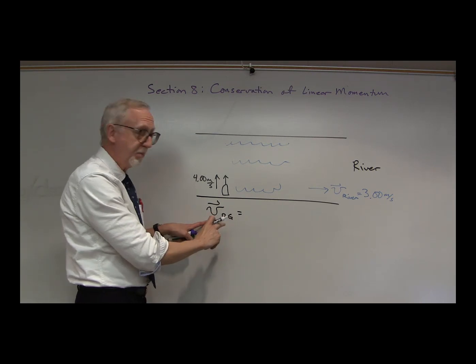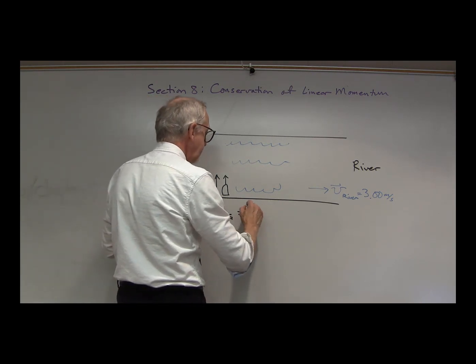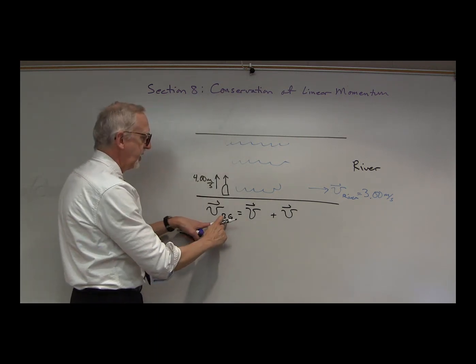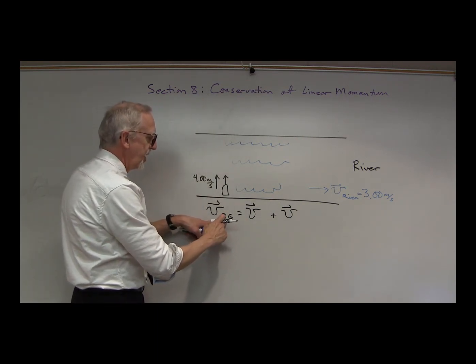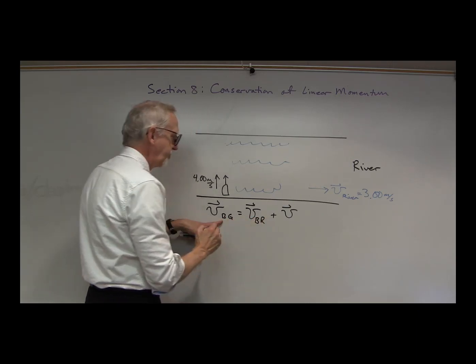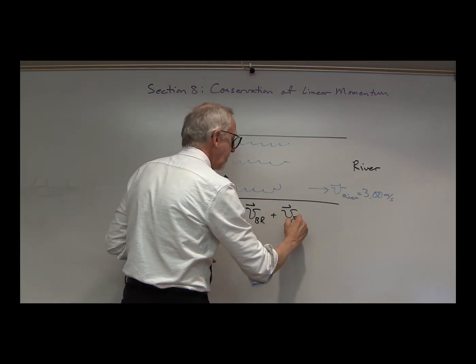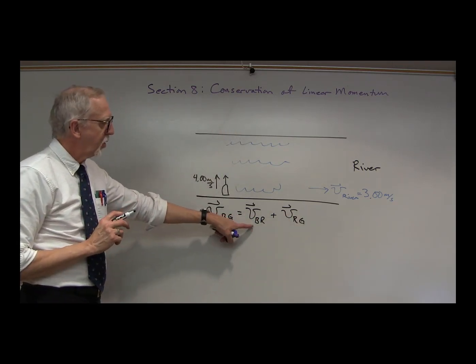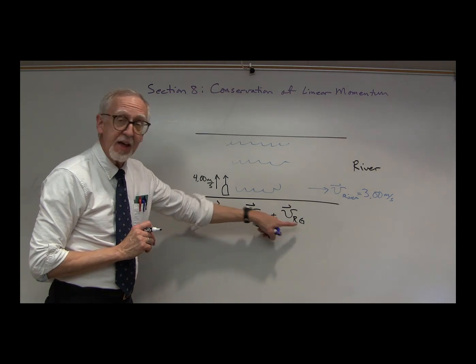Well, from what we've seen before, we can say that this must be equal to the sum of two velocities. This would be the velocity of the boat relative to the river, and then the velocity of the river relative to the ground. Okay, well there we go. What we have to do is just add these two vectors.